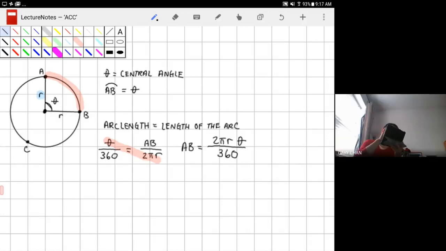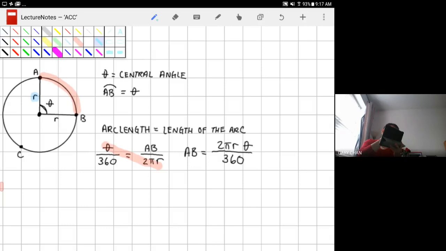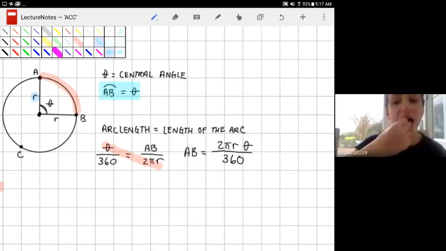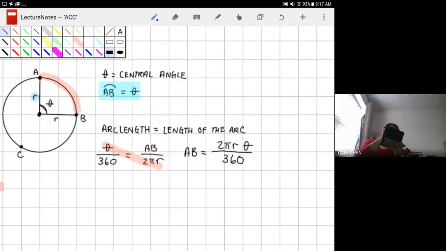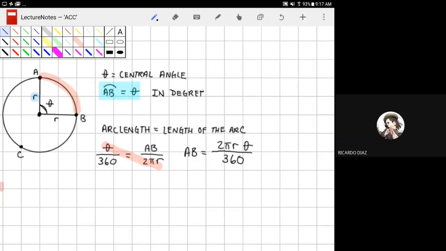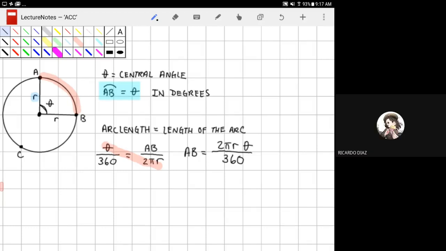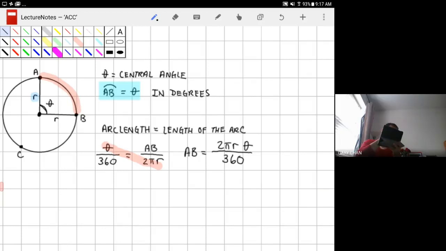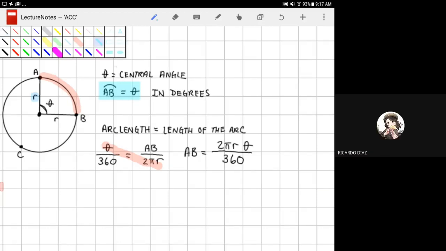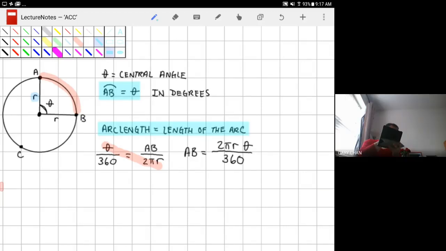So right here, these two things are in degrees. AB, arc length, this guy, what do you think the measure is going to be?